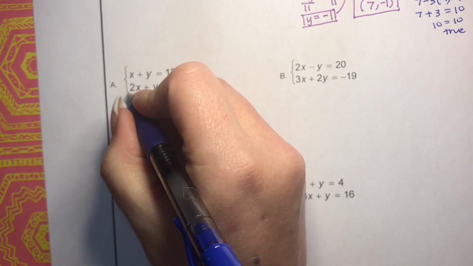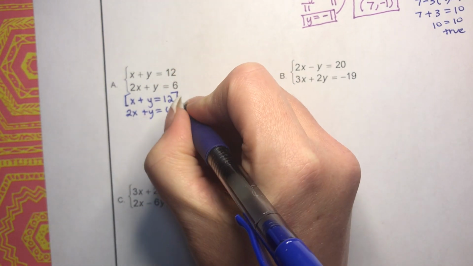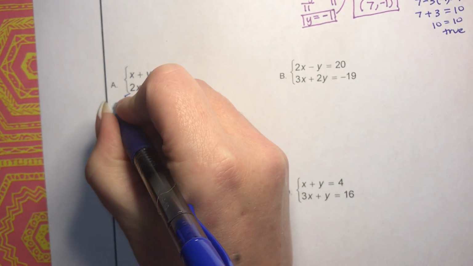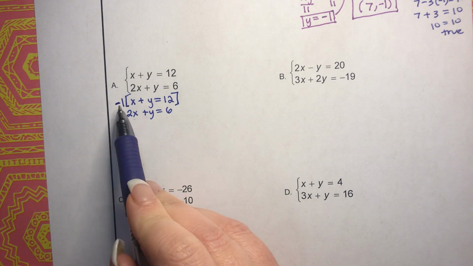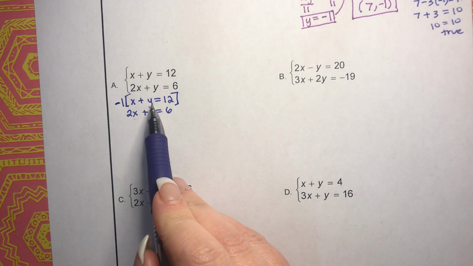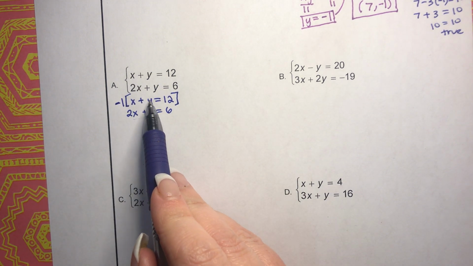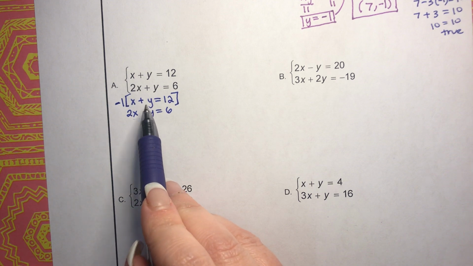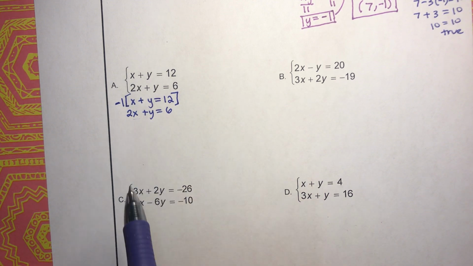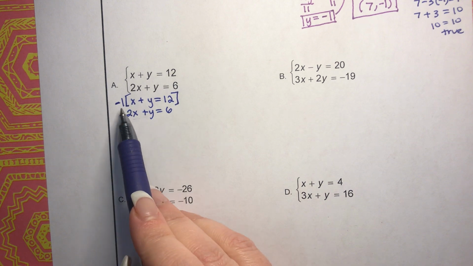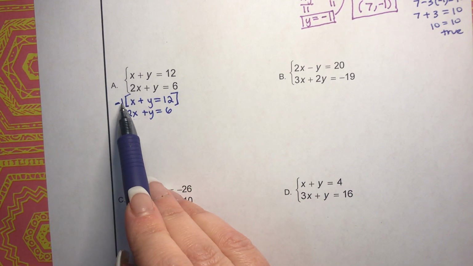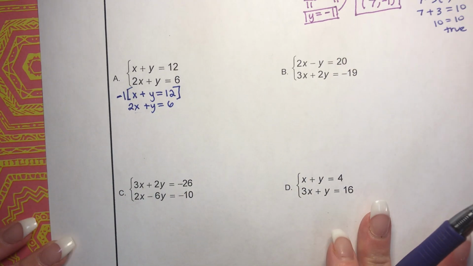I'm going to rewrite both of them here. You multiply the whole thing by -1. Because when you multiply -1 times y, it turns into -y, and then you'll have your positive and your negative, and it will eliminate. But you have to multiply the entire thing by -1.